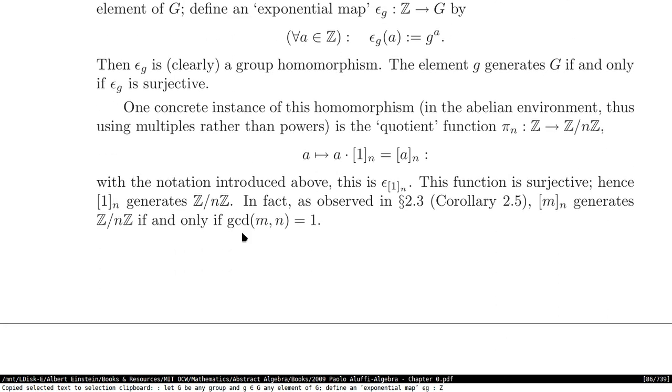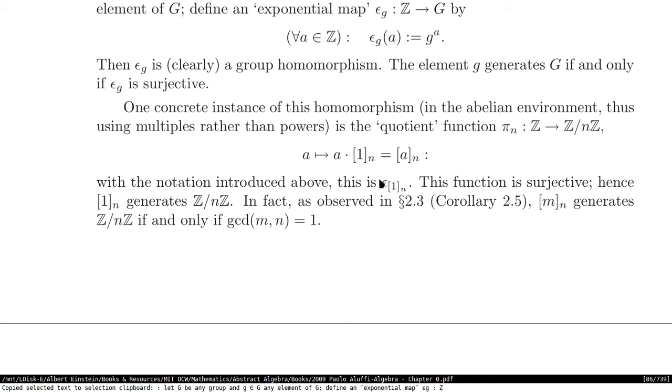Okay, so one of the examples of this they say is the quotient function. So the quotient function pi n takes you from Z to Z mod nZ. So that will be taking an integer a and mapping it to a times the identity under n. So this represents the identity in nZ, right? The multiples of n.